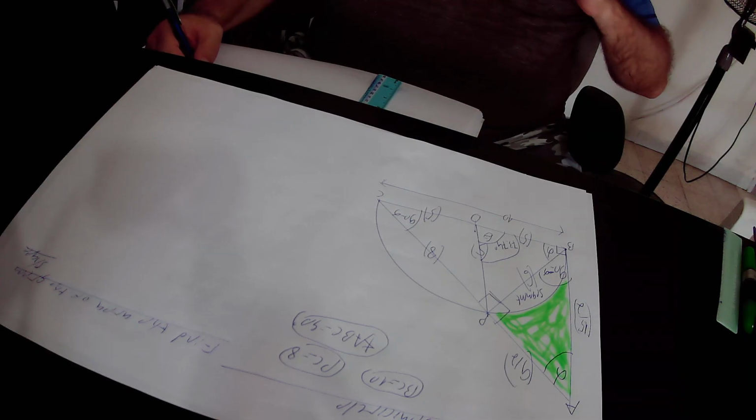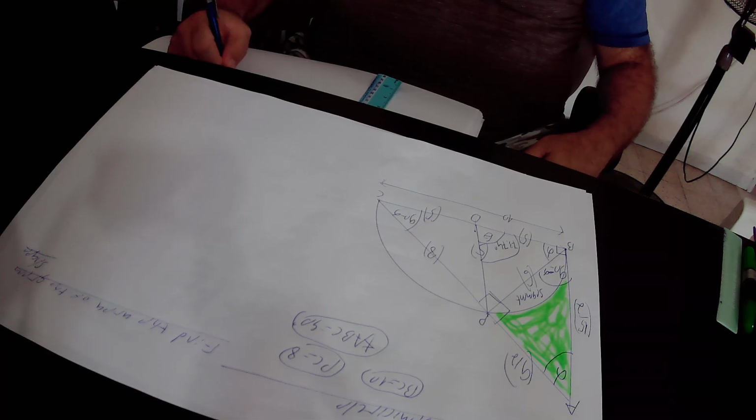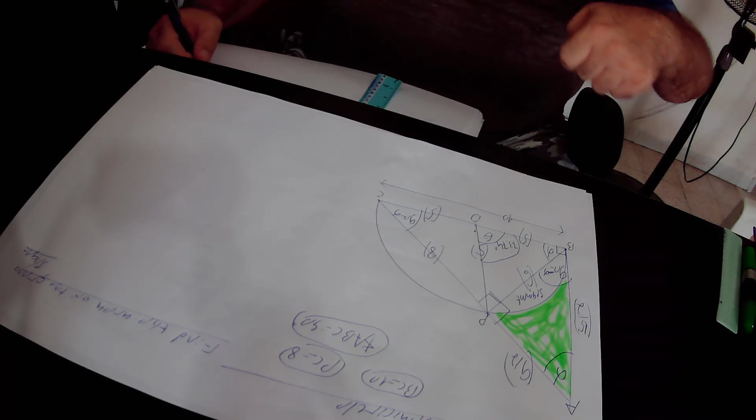Triangle OBP is an associated triangle because OB equals OP equals 5. PB equals 6.